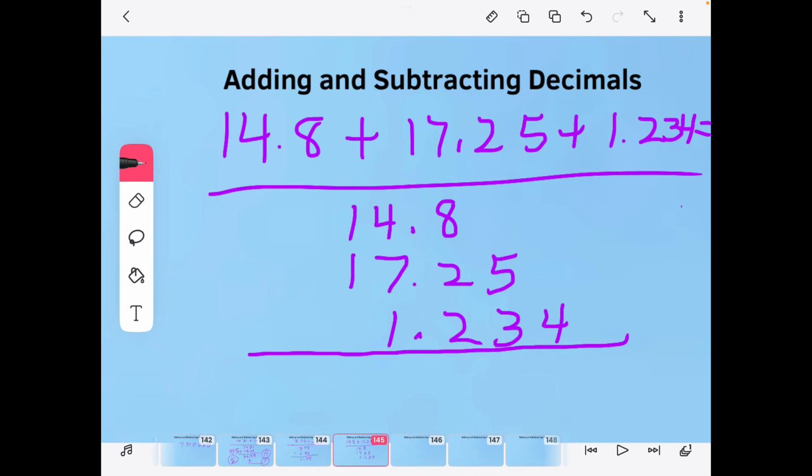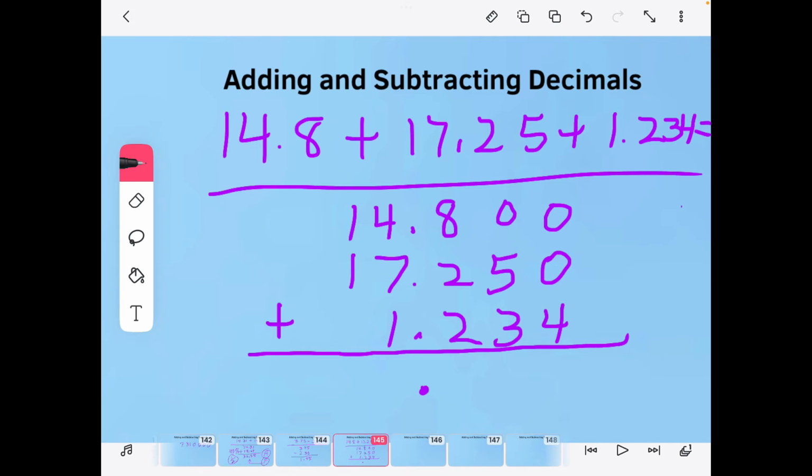Draw my line. This is an addition problem. My decimal points are lined up. And guess what? That's right. I'm putting my decimal point right there. I can fill the zeros in or not. You're new, fill them in. And there they are.